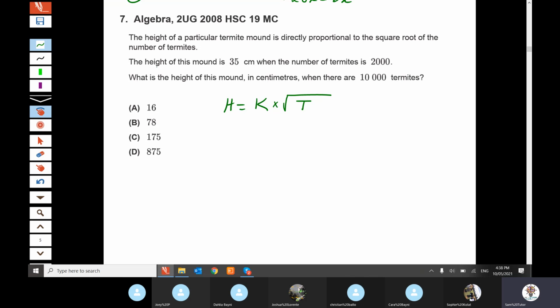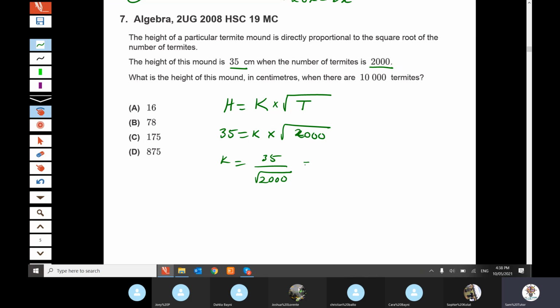So how do we find k? The height is 35 and the number is 2000. So H equals 35, T equals 2000. Therefore k equals 35 on square root of 2000. Whatever that is.